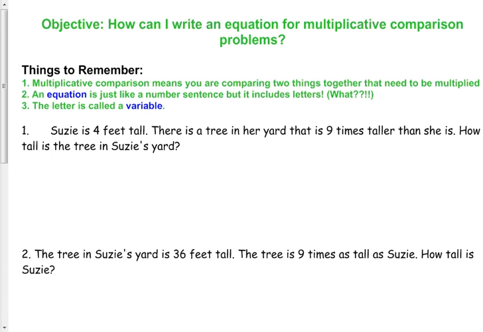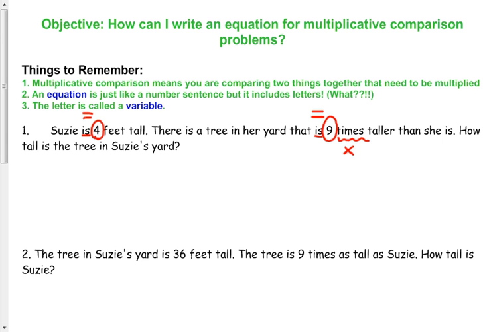And those important words and numbers include 4, 9 times tells me I'm multiplying, and is now tells me that something is equal. Is tells me that something is equal.